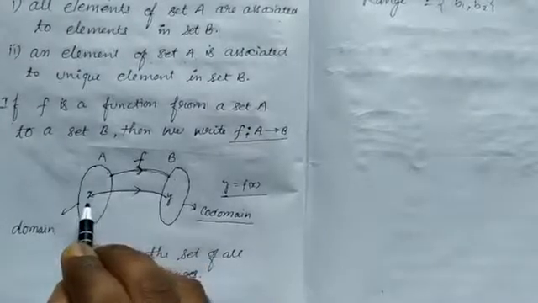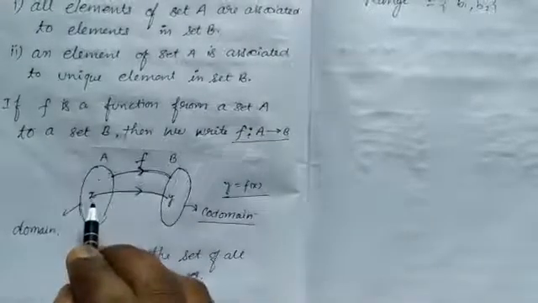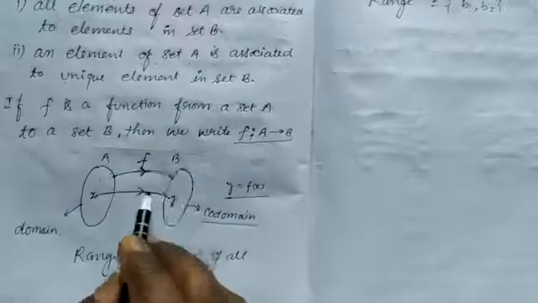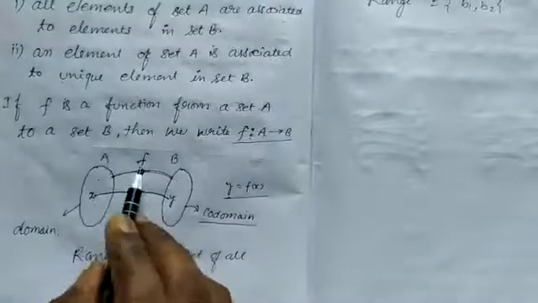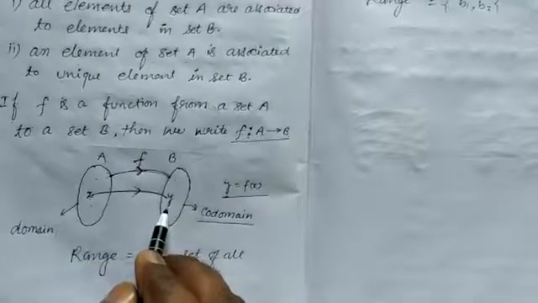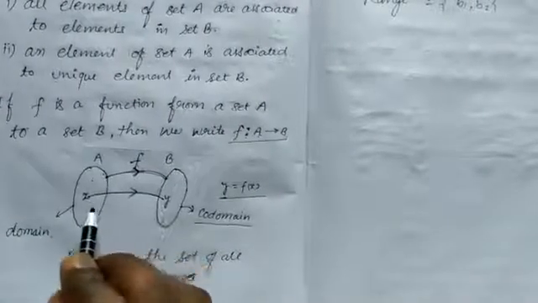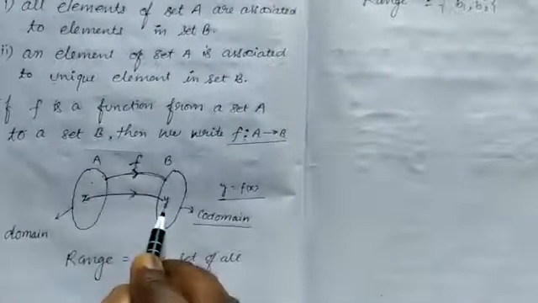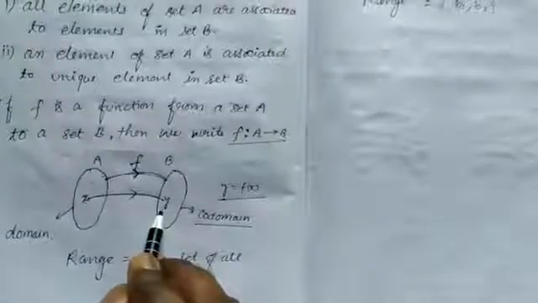The elements of set A associated with the elements of set B can be represented by this arrow. Suppose x is an element of set A and y is an element of set B. X is associated by this correspondence f with y, then we represent it as x to y. Then x is said to be the pre-image of y and y is called the image of x.